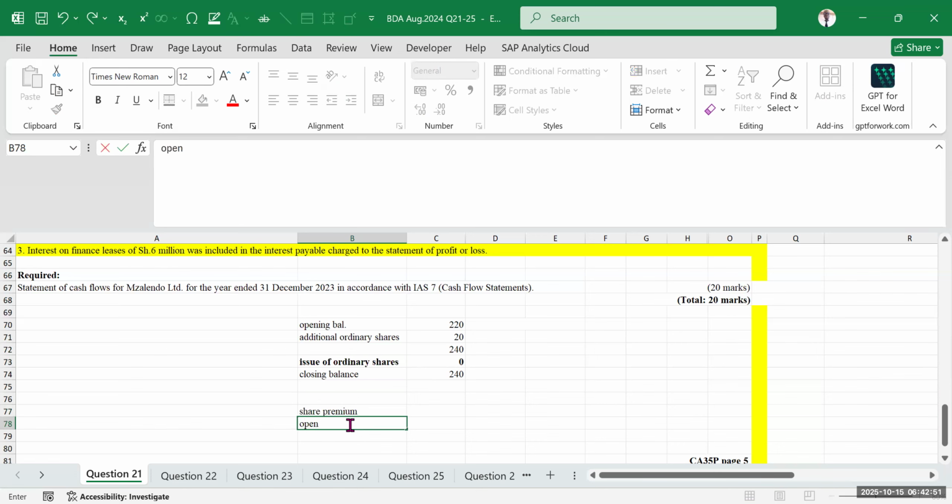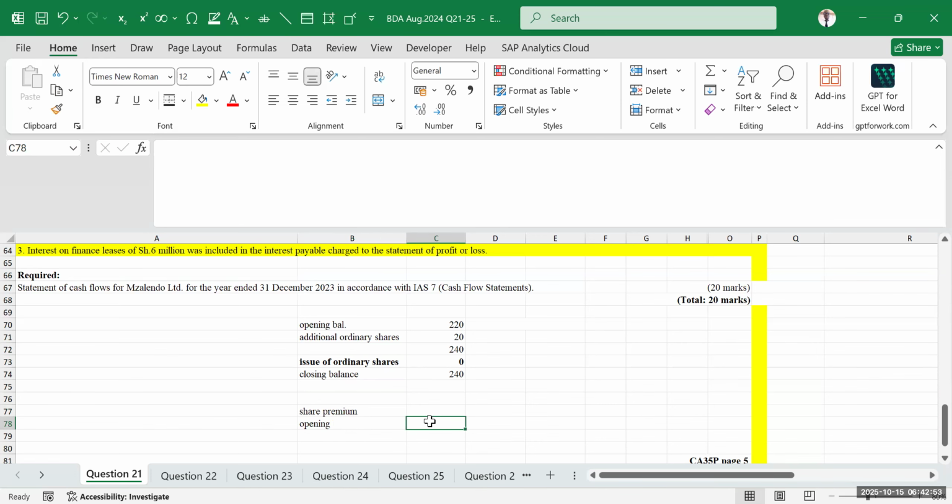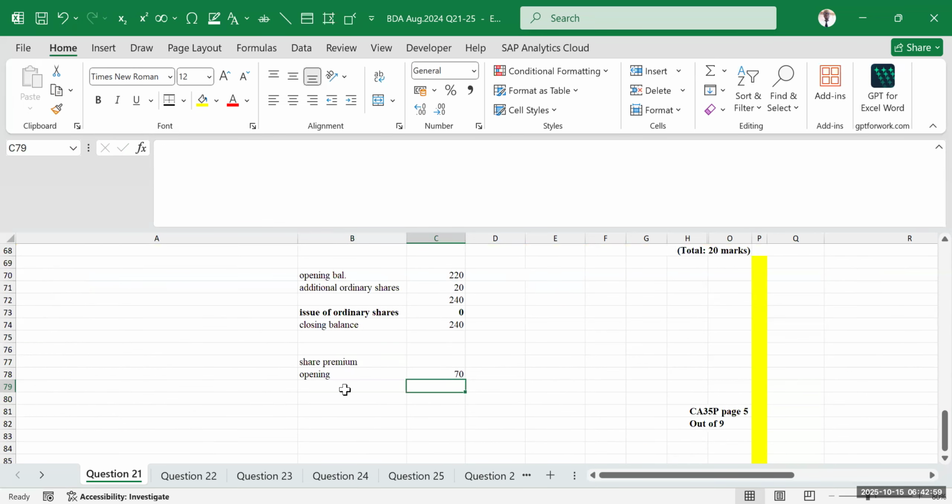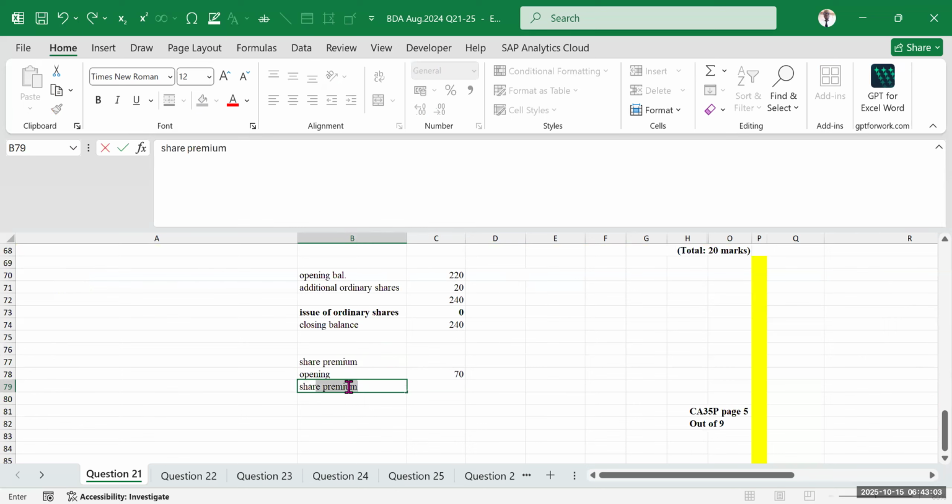Very good. And then on the additional information one, we had 2 par value at 100%. So share premium is 20 million again.